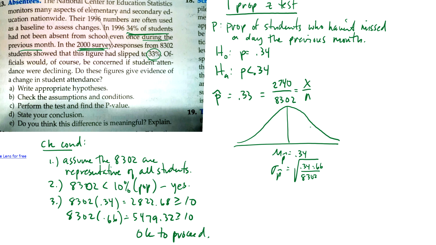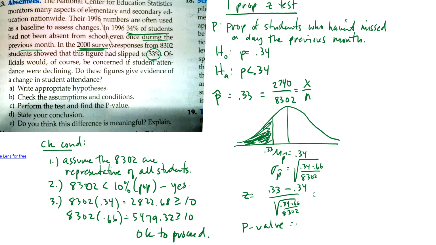And the question is, I got 0.33 over here. So what's my p-value? What's the probability that I get a sample that's less than or equal to 33%? So what's my z-score? 0.33 minus 0.34 over the standard deviation. And my p-value.